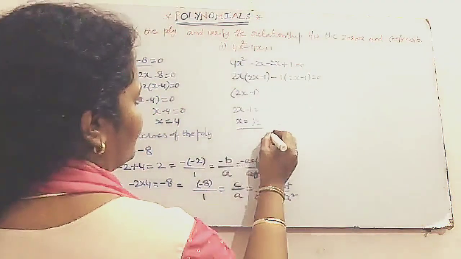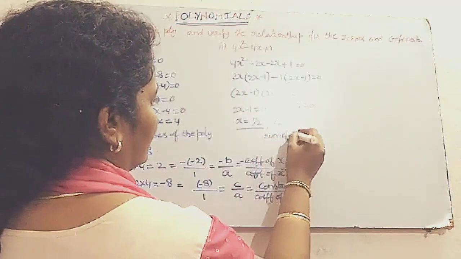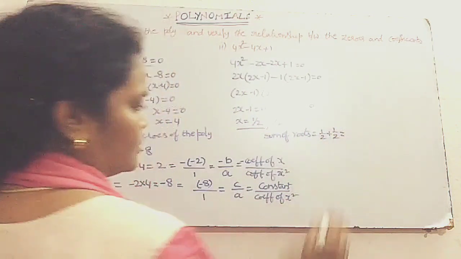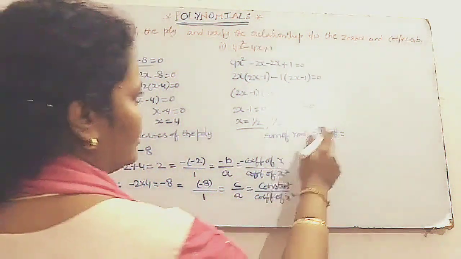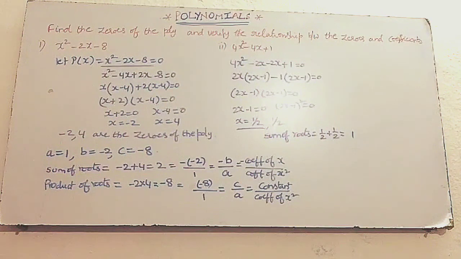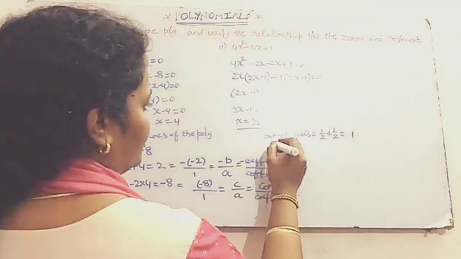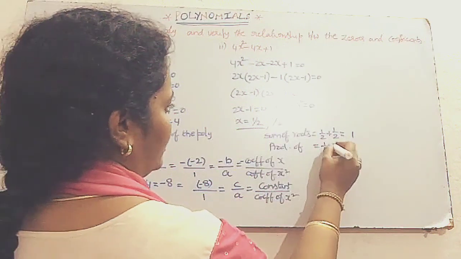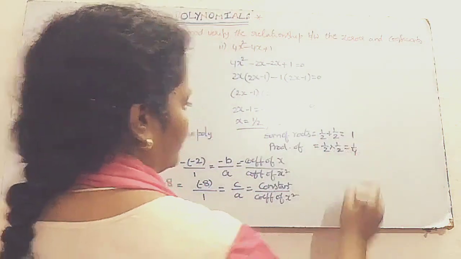Now sum of roots means 1 by 2 plus 1 by 2, that means 2 by 2, that means 1. And product of roots equals 1 by 2 into 1 by 2, that is 1 by 4.